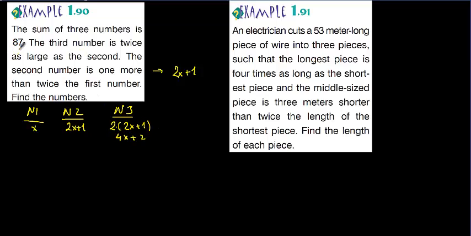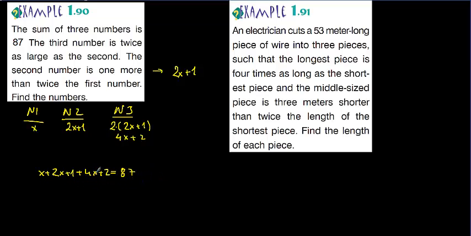And the important part that's also given: the sum of the numbers is 87. So x plus 2x plus 1 plus 4x plus 2 is going to be equal to 87.